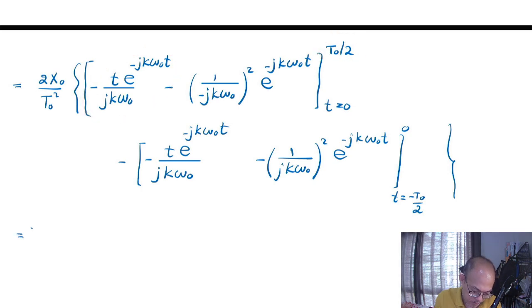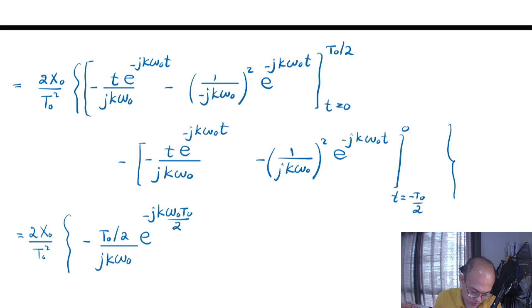So I have 2 x0 over t0 squared, and then minus t0 over 2 over j k omega 0 e to the minus j k omega 0 t0 over 2.